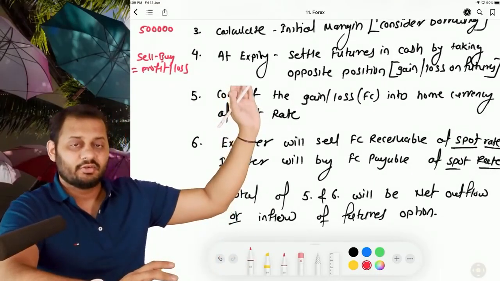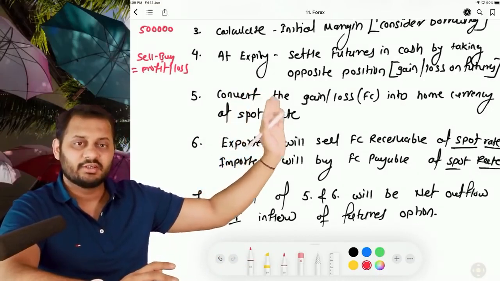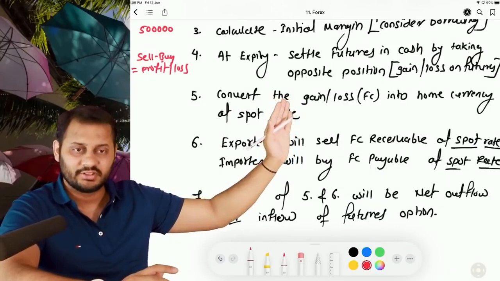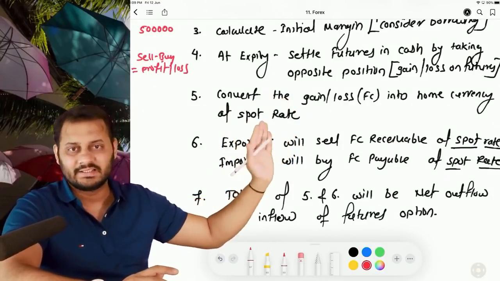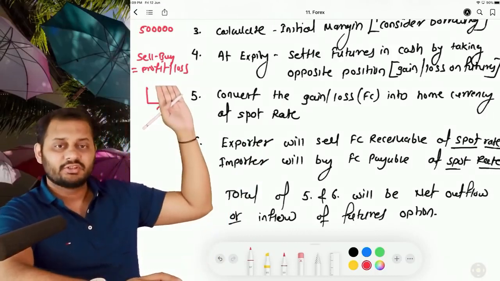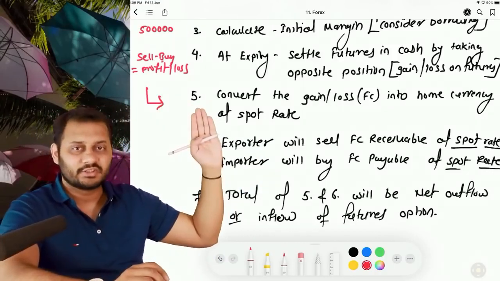If that gain or loss in futures is in foreign currency, then we have added one more step here to convert that gain or loss in foreign currency into home currency at spot rate. If this gain or loss is already in your home currency, then the fifth step is not required.